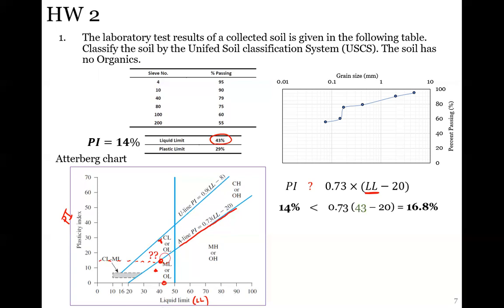This is greater than 14%. So that means our current PI is below our A line. And think about this, because it's a little counterintuitive at first. This means that this A line at our 43 right here is at 16.8%. But our data point is 14%.